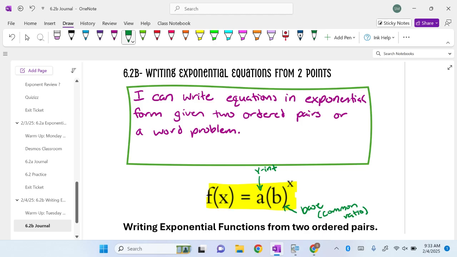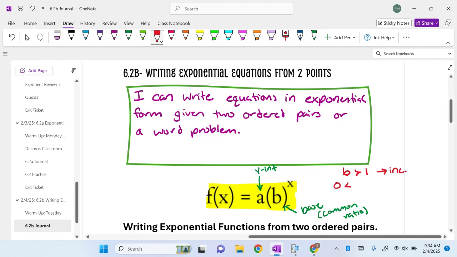Now, remember, depending on what type of number your b value is, depends on whether your graph is increasing or decreasing. So just to review, if your b value is greater than 1, is your graph going to increase or decrease? It's going to increase.